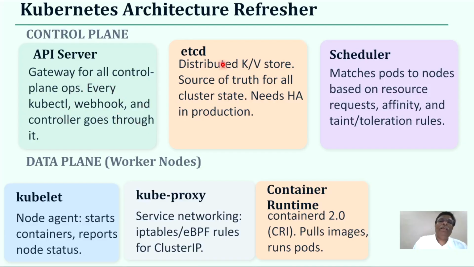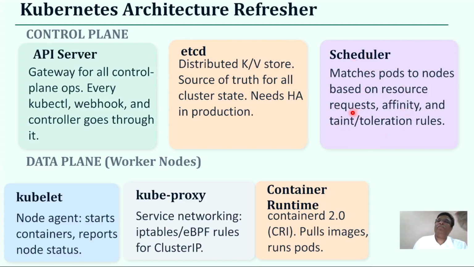All of that. So etcd is a distributed key-value store, source of truth for all cluster states. Okay, so this basically is a very, very important thing for trying to understand the cluster state. Okay, so API gives us the control plane operations for all connectivities. This gives us the state of the cluster.